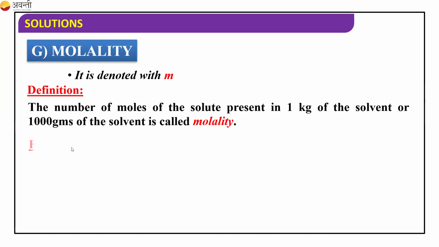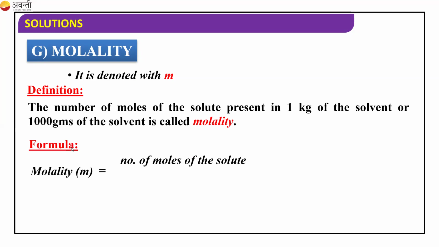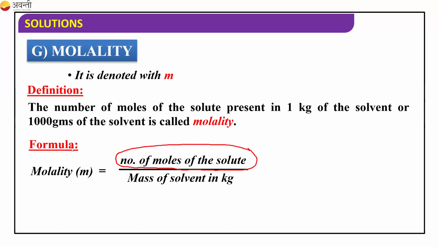So the formula is the number of moles of solute divided by the mass of the solvent in kilogram. The numerator remains the same for both molality and molarity. Only in the denominator here we have the mass of solvent in kilogram, and there we had the volume of solution in liter. This is the only change you have to note down.